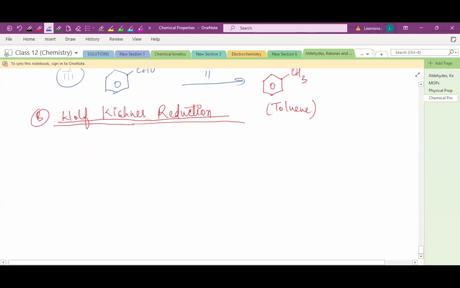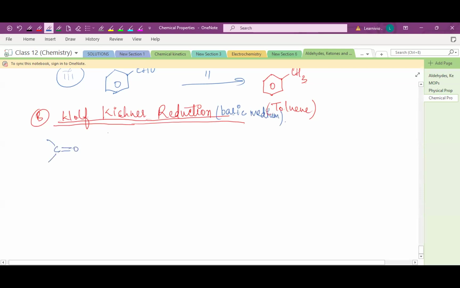It's the Wolff-Kishner reaction. It is again a reduction reaction in which the carbonyl group will be converted into an alkane, but here we use a different reagent and it occurs in a basic medium. That's the difference between Clemmensen and Wolff-Kishner. Let's see the reaction.